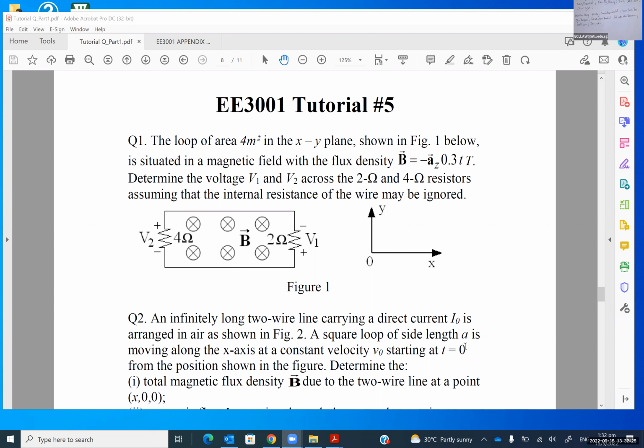Any questions on number 1? No. So again, the same question would be how to get started. Does everyone know how to get started? Any questions of how to get started on this tutorial, question 1?